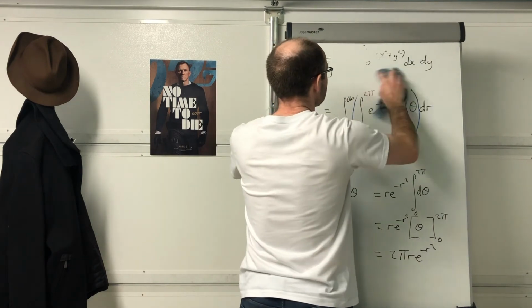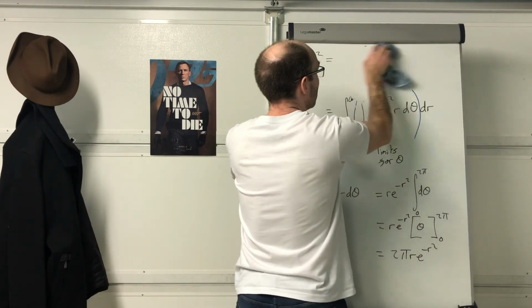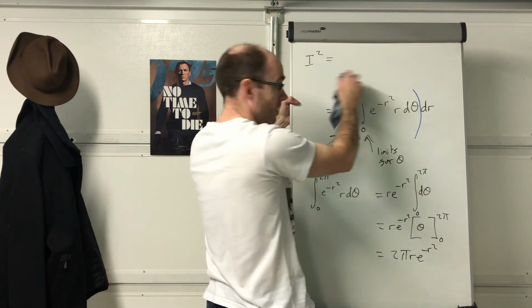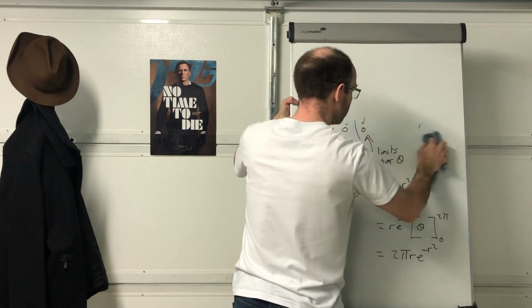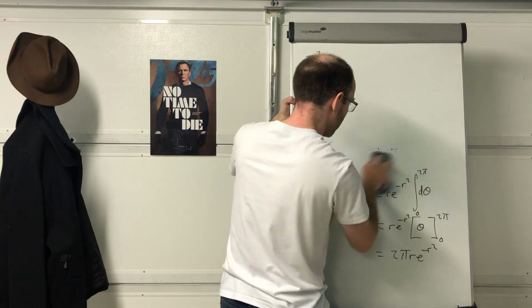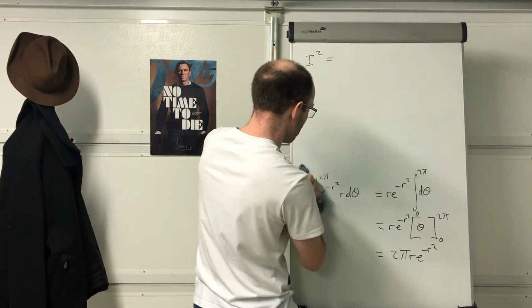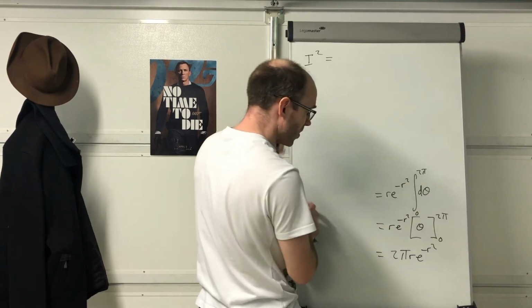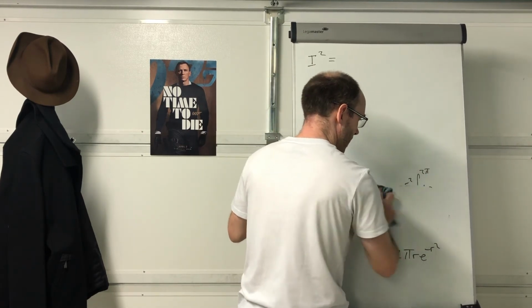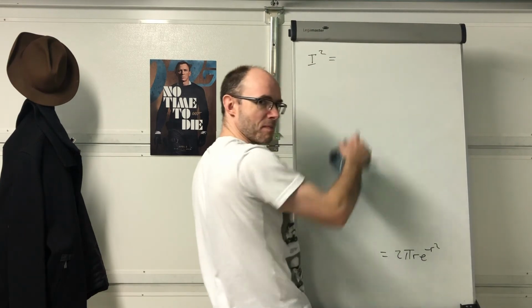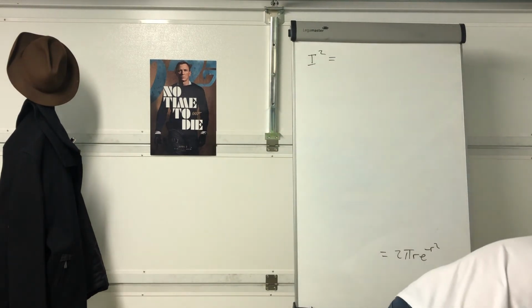This now, let's do this. Very important. I don't rub that out because what we're doing here is just the integral squared, isn't it? Because right at the end, to work out what our integral is, we're going to want to square root that. I kind of wish I didn't rub that bit out, but I did.